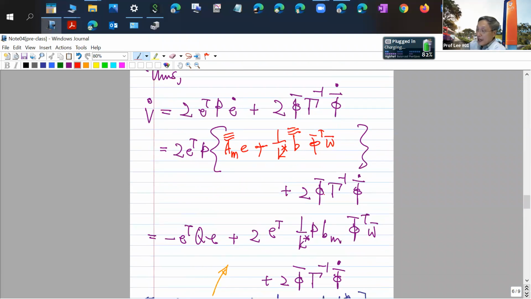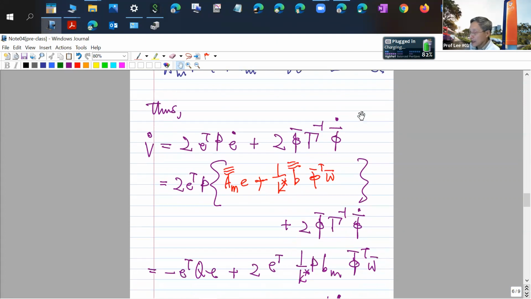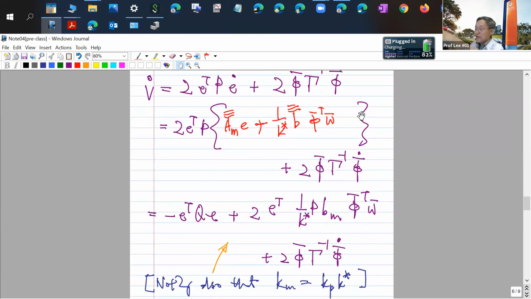Then as usual, I follow that decomposition of this matrix into AM transpose P plus P AM. Once I do that, this thing will decompose as before. I'll let you check that out: minus E transpose QE.